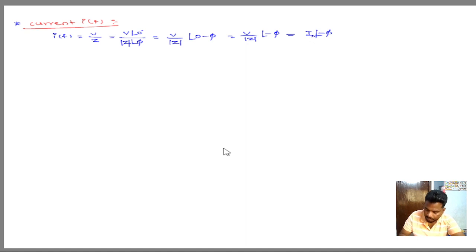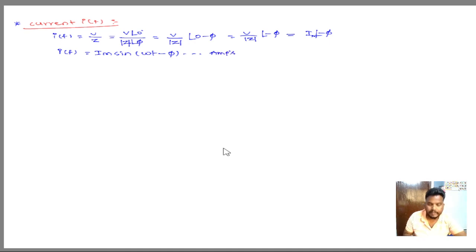This is Im otherwise. Therefore, I of t is equal to Im sine of omega t minus phi amperes.